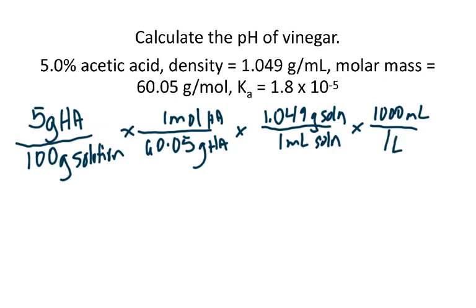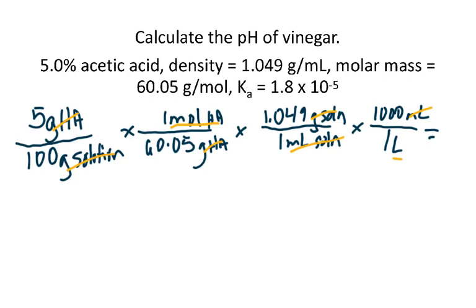Let's double check that everything cancels out. So grams of acid, grams of acid, grams of solution, milliliters, milliliters. So I am left in moles of acid per liter, which is molarity. So I can solve that.